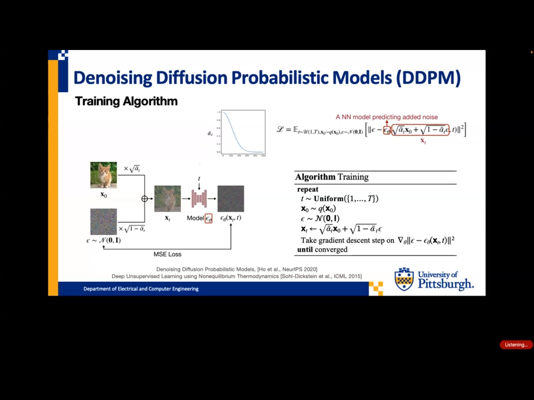Basically, you are defining a mean square error between this predicted noise and the actual noise we just added. Okay? And this is the loss function. Let's take a look at the loss function over here, what it is.